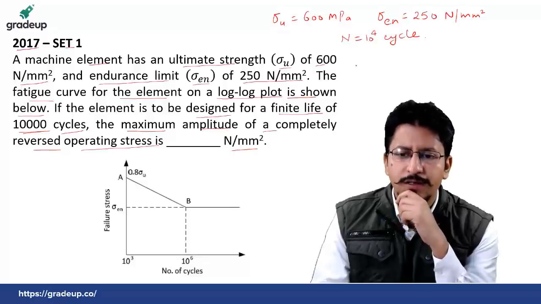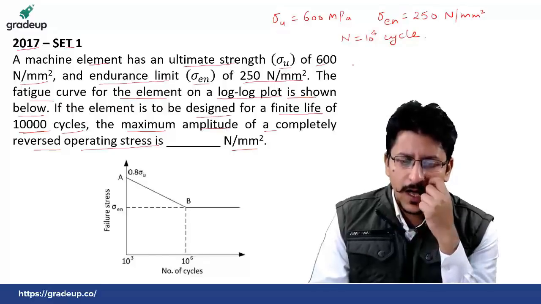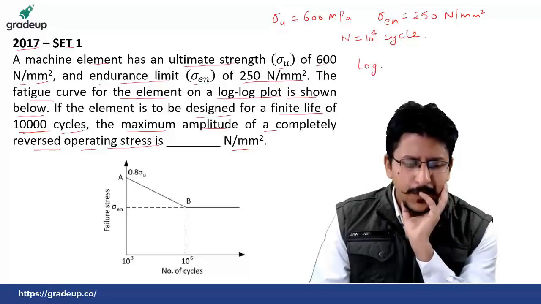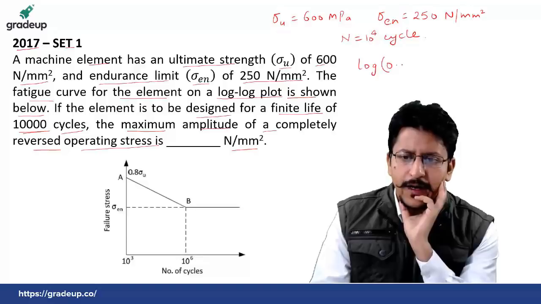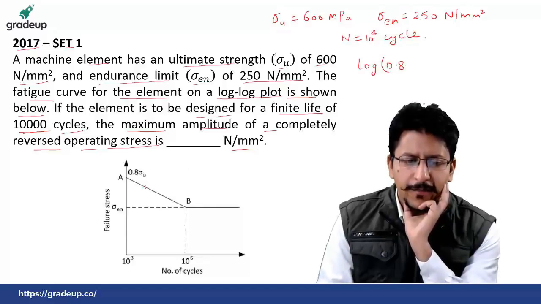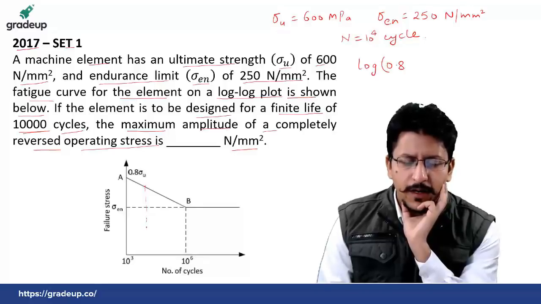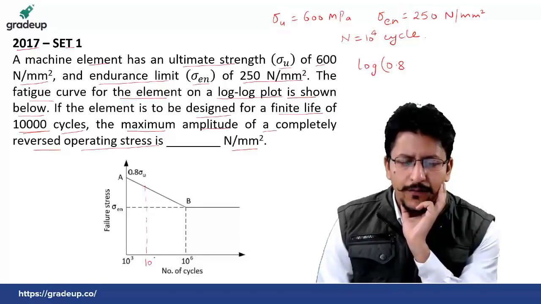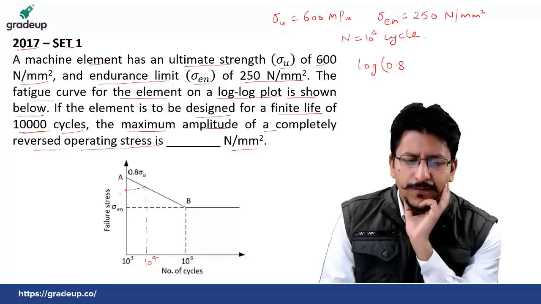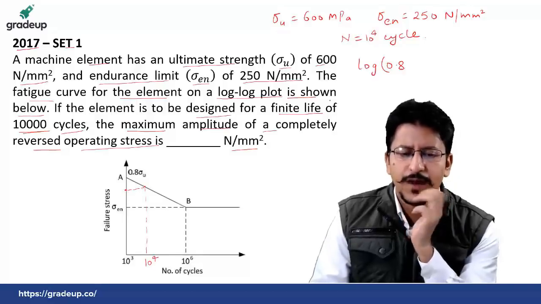So how will we do this? We will use a linear relationship in this case, that is log of 0.8 sigma u, because you know that 10 raised to the power 4 would be somewhere here. This will be 10 to the power 4, and we have to find out the corresponding value.